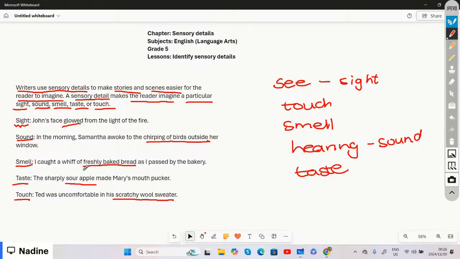Right? And in every story, in order for the writer to make it more interesting, in order for us to imagine, they use sensory details: things that you can see, things that you can touch, smell, the sounds that you can hear, and things that you can taste.